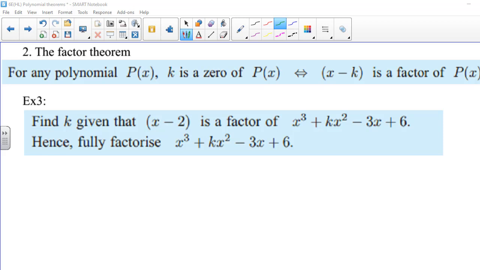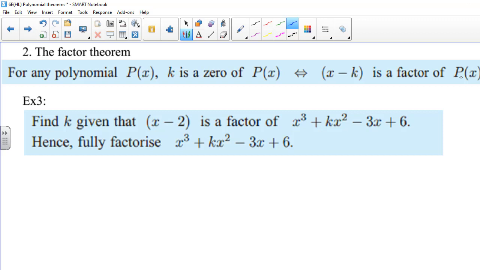What does that mean? The zero of the divisor can make this p of x equal 0. This suggests this polynomial function can be divided by this divisor evenly. There's no remainder. Remainder equals 0. If the remainder equals 0, this divisor must be a factor of the polynomial function.